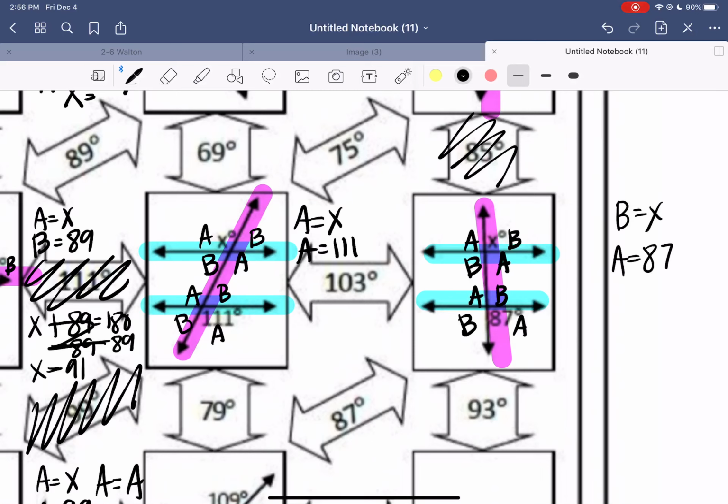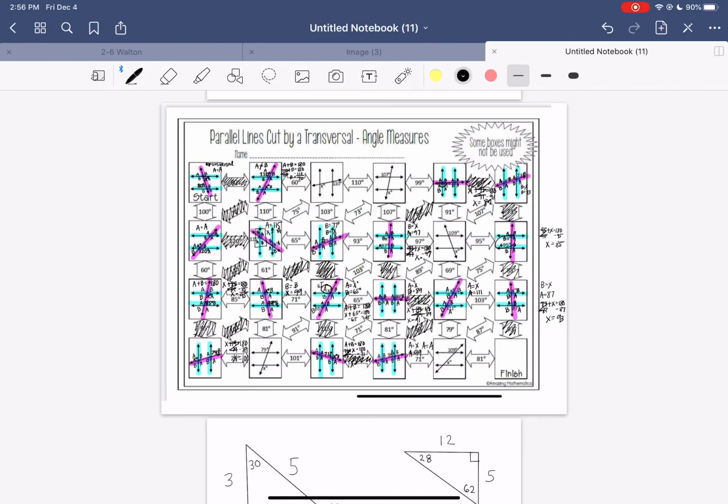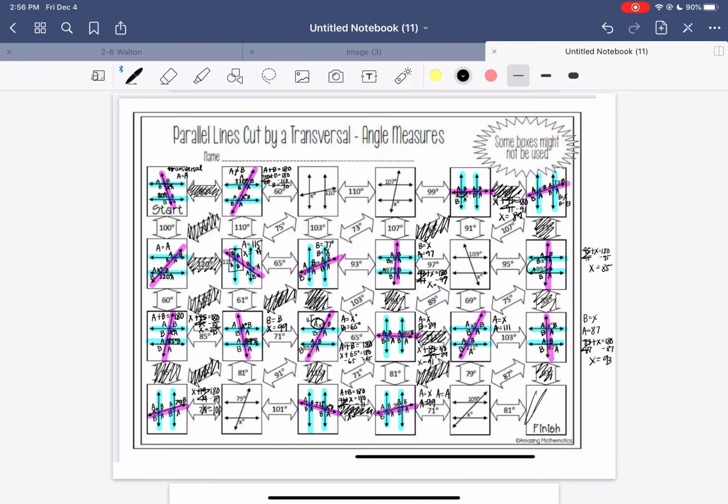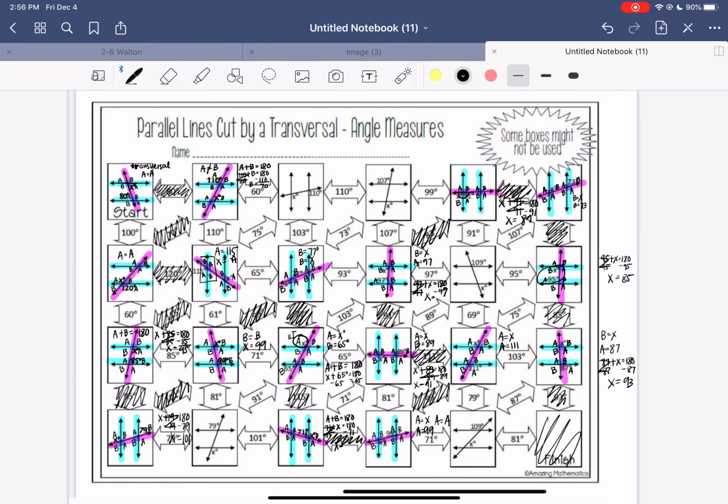That's what's given. So we know 87 plus X has to equal 180. Subtract 87, subtract 87, and we get X equals 93, which takes you to the finish line there. And hopefully this is helpful for you.